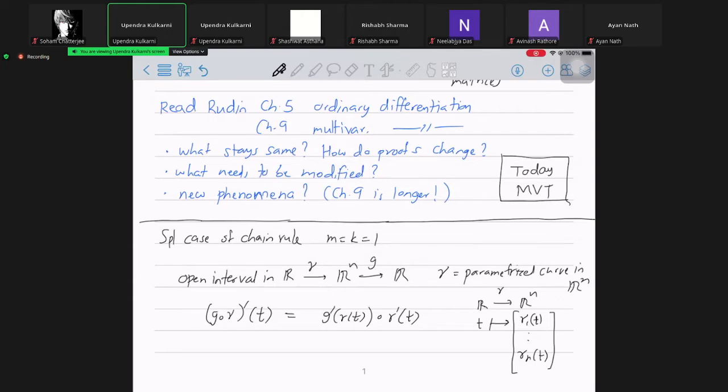And which n by 1 matrix is it going to be? The partials of gamma with respect to each of the coordinates. But just pause to consider each gamma 1, gamma 2, gamma 3, etc. They're all functions of a single real variable, right? So what does it mean to take the derivative of this vector valued function?